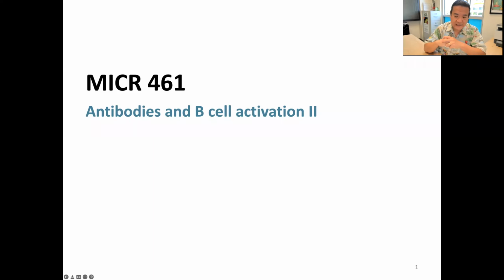And we learned last time that the shape of the ends of those arms are highly variable, right? We can make something like 10 to the 12 different variations of those shapes, and those shapes determine what target, what antigen, this particular immunoglobulin can recognize and bind to.